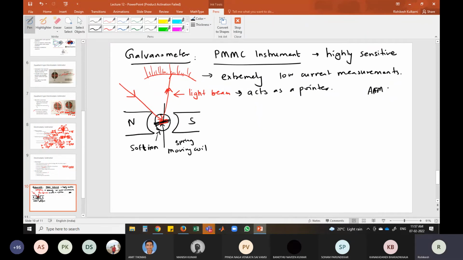For very small size, very high resolution imaging, this type of principle is also used. So the similar principle is used in the galvanometer.